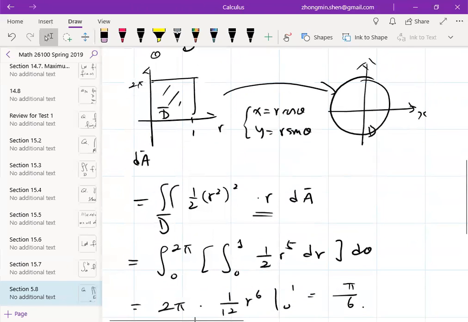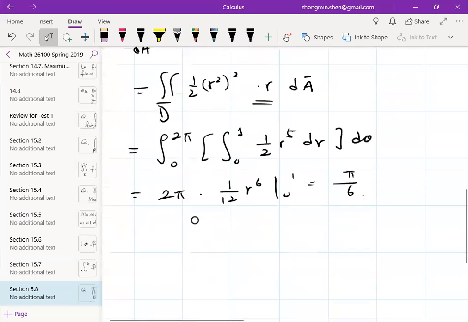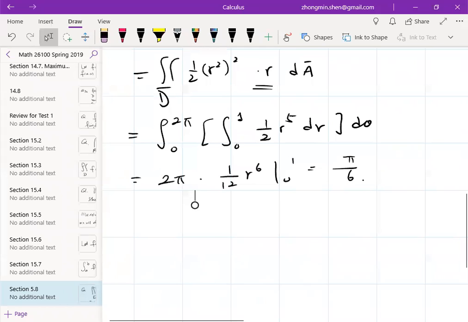There was a disk there, it's a cylinder. Of course, you can use cylindrical coordinates for this triple integral, no problem. It's essentially the same result, the same idea.